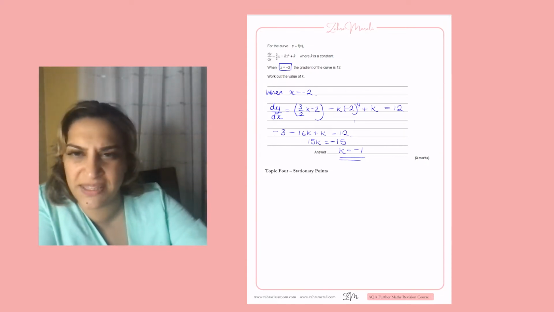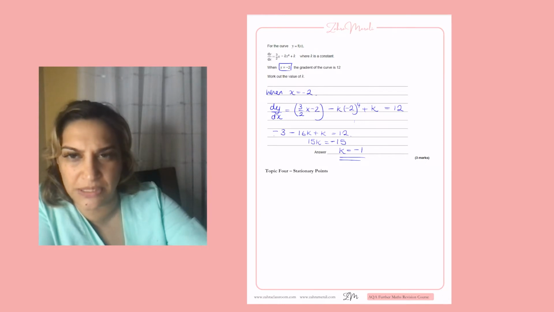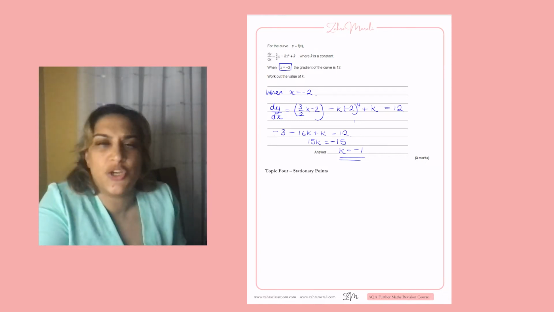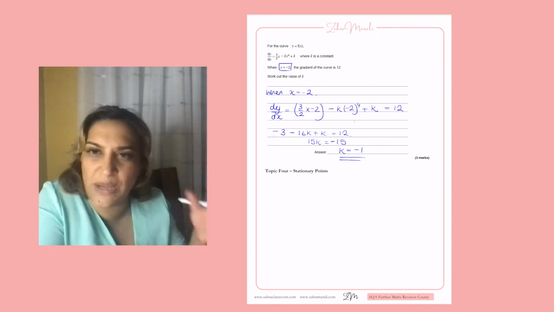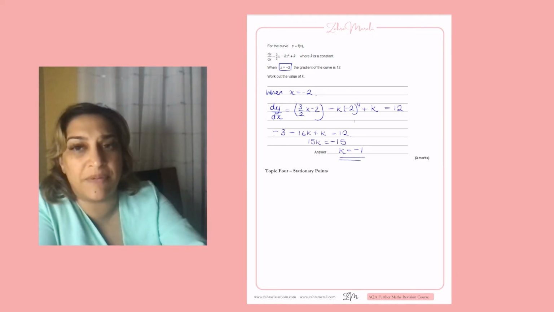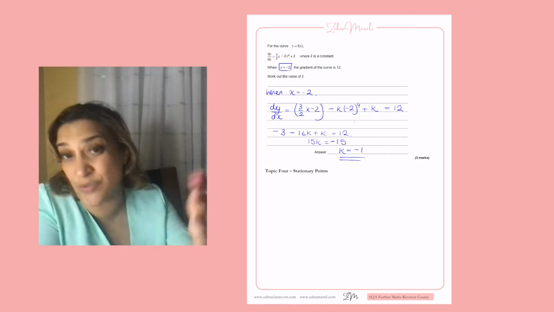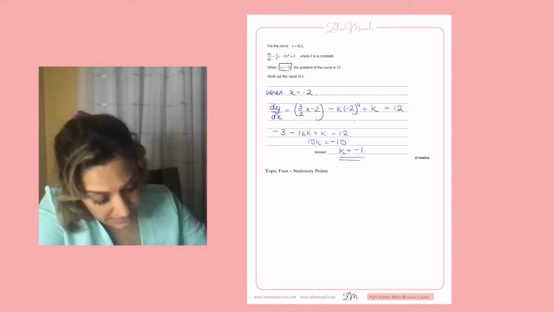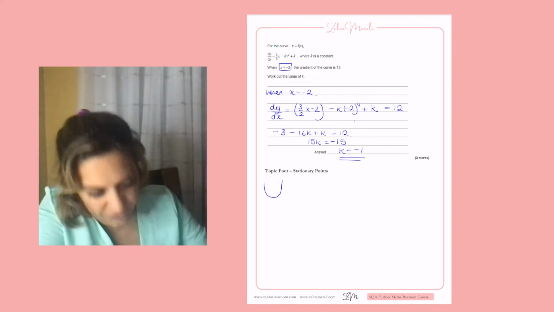So now we're going to think about what stationary points are. Stationary points are where you have a minimum or you have a maximum. So, for example, think about a positive quadratic.